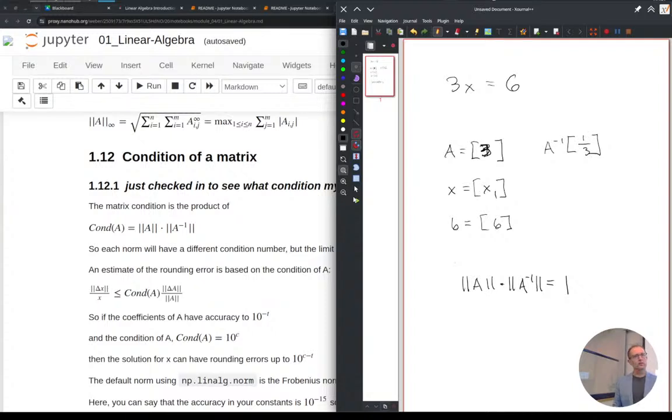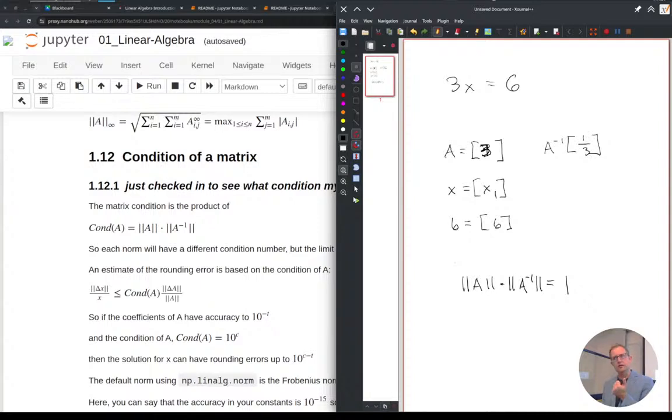Yeah. So really high condition numbers mean that A and A inverse, there's something really big happening. Is 1 the highest value or no? No, usually 1 or smaller. I think that would be the smallest value for the condition number.